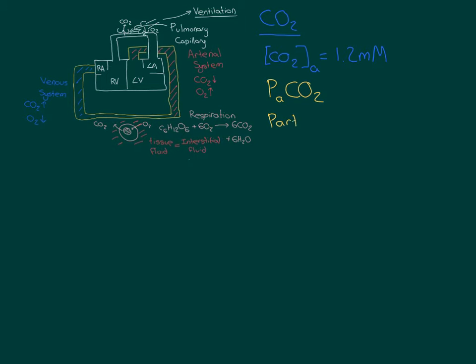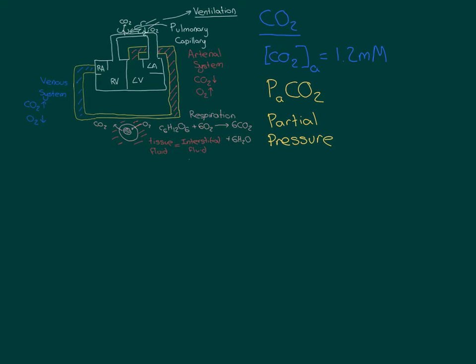It means partial pressure of CO2 in the arterial system. But I'll just put partial pressure, that's the key bit that you might not have seen before. So this just refers to the pressure generated just by CO2 molecules. So of course in a gas normally, for instance in air, there are loads of different types of molecules. There are nitrogen molecules, and of course nitrogen makes up most of the air, 79% I believe.